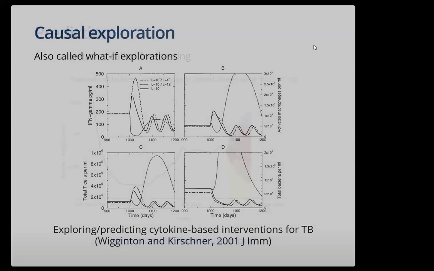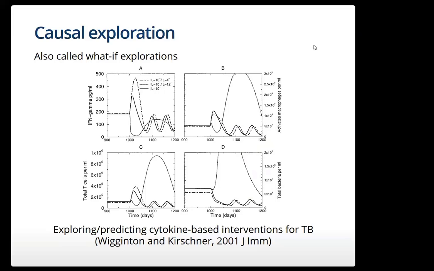There's another type of prediction, which I'm calling here causal exploration, but it has also a predictive flavor. Sometimes you see people call it what-if explorations. You have your model, and then you change things in your model and see what the model predicts. In this example, which comes from a 20-year-old paper by Denise Kirschner's group on TB, they built a within-host model for TB, and that model had some of those cytokines that Paul just talked about, in this case IL-10, IL-4 and IL-12.